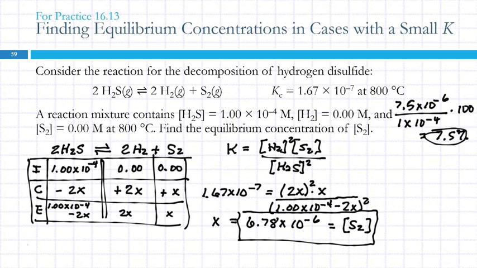Good question. He pointed out that this number is still more than 5% of the number that X was subtracted from. And that's not a problem. It could be 50%, right?